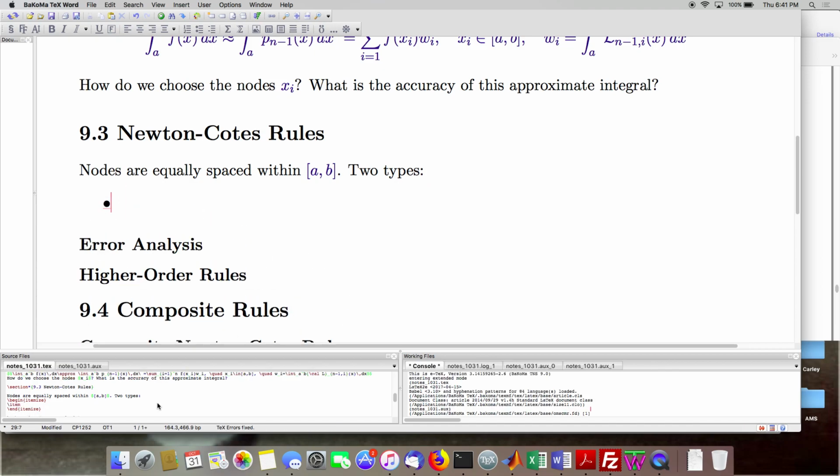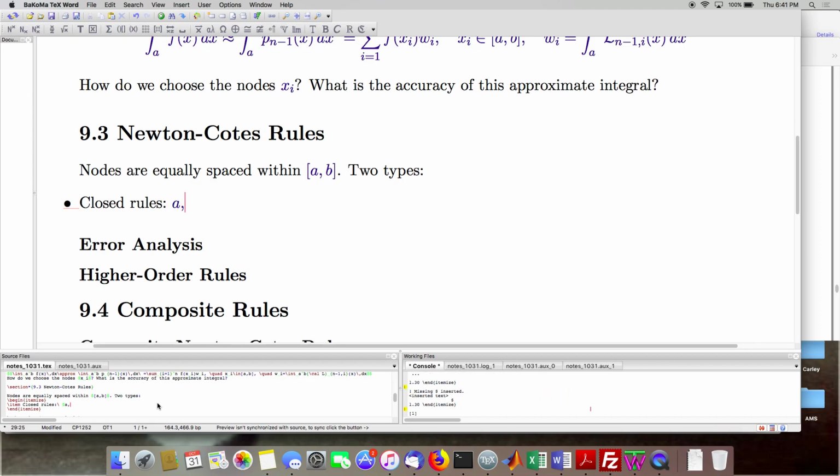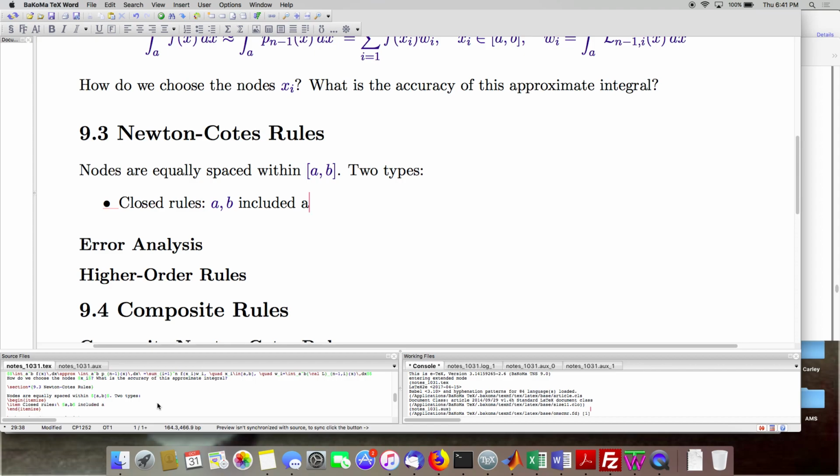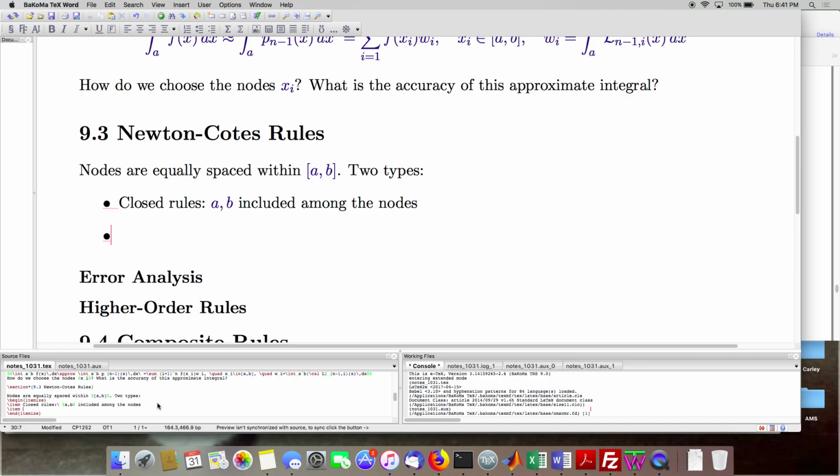Most of the rules you'll see are closed rules, where the endpoints a and b are included among the nodes. And we'll see one example of open rules, where a and b are not included. In other words, only points within the interior of the interval [a, b] are used as nodes. But whatever nodes you end up choosing, they must have equal spacing between them.